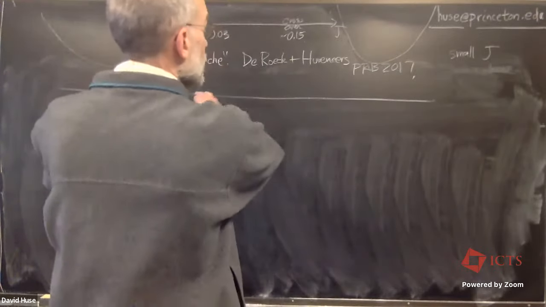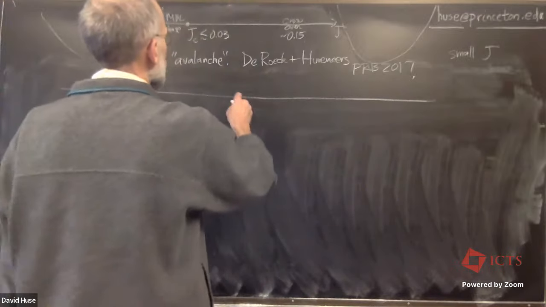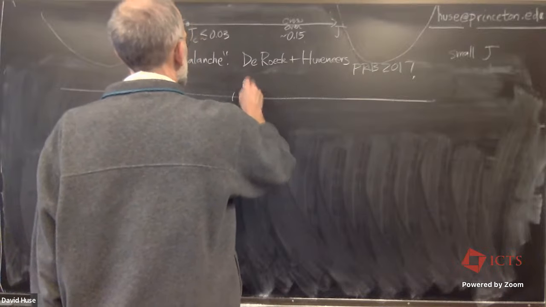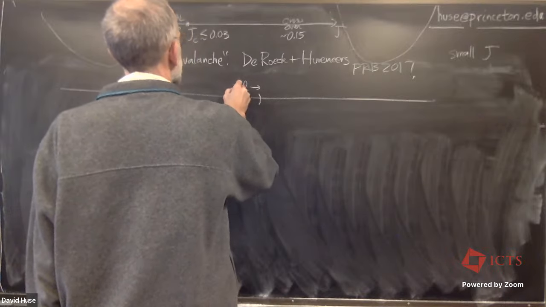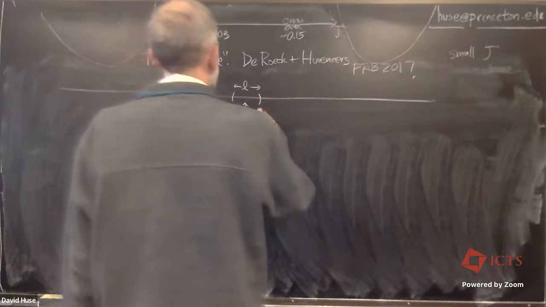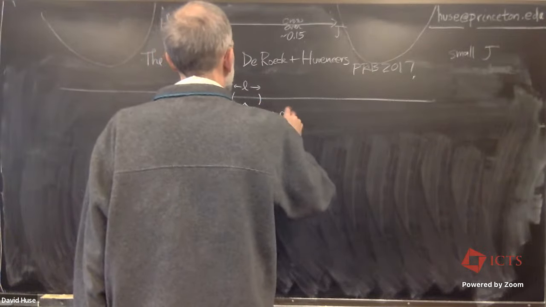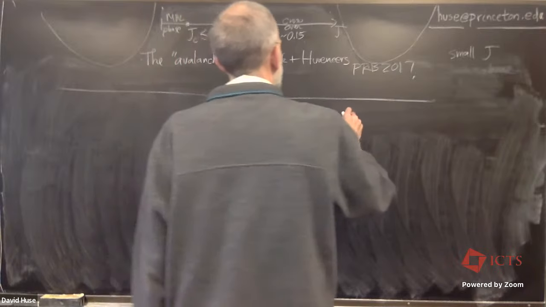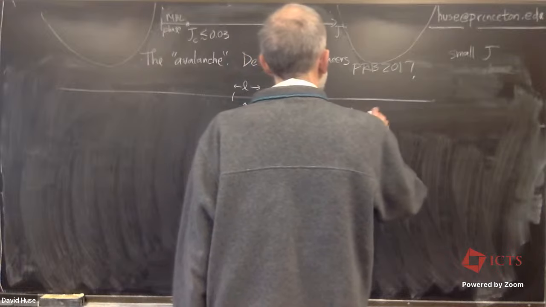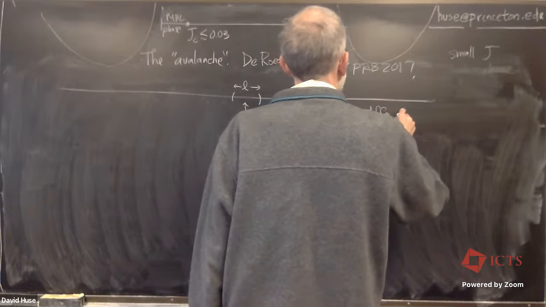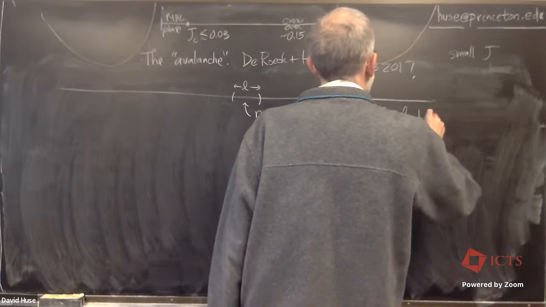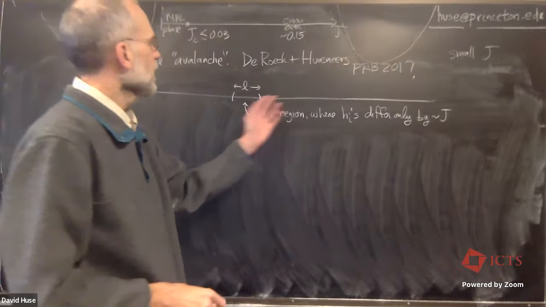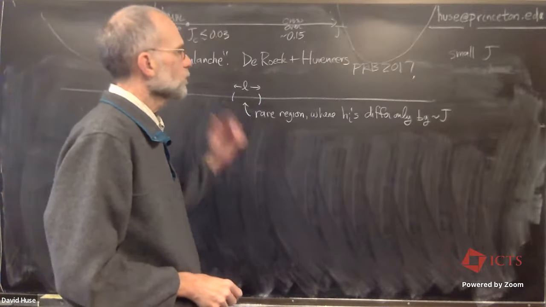And in an infinite system, if you look around, you will find a patch, and I'll draw it here in the middle, of length L spins. So this is my rare region where the h_i differ only by order J. So all the h_i are very close to each other here.